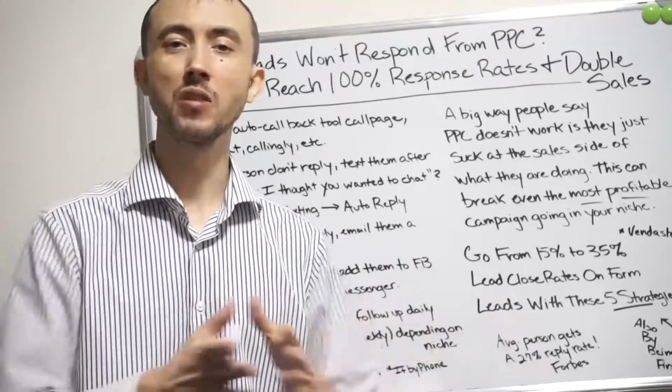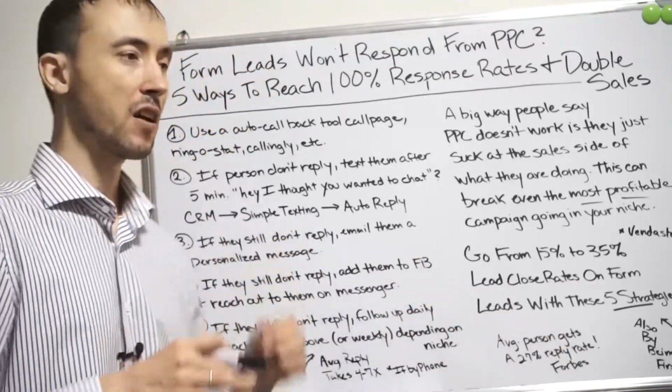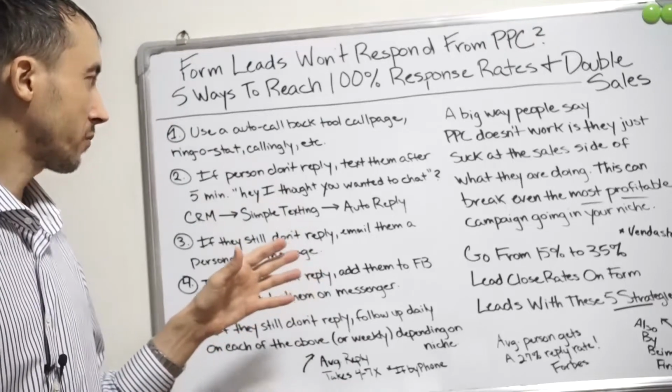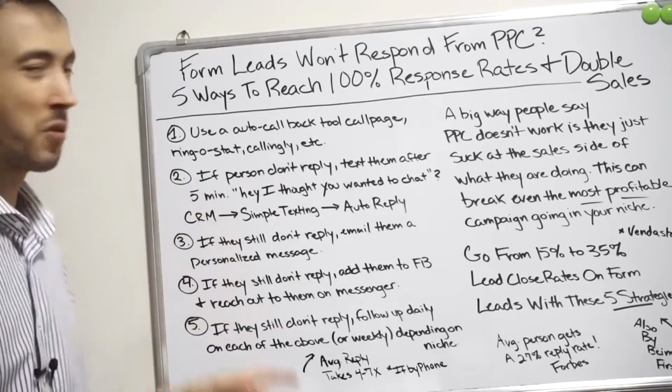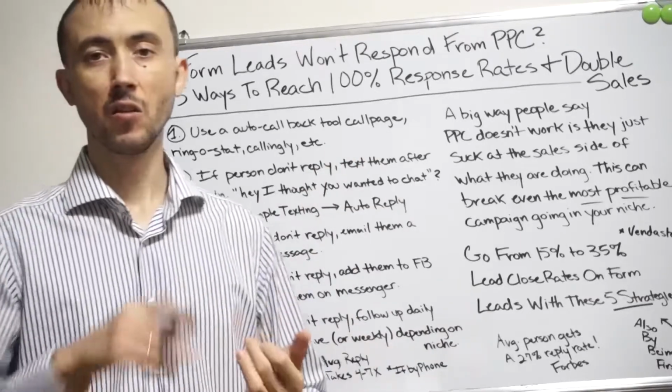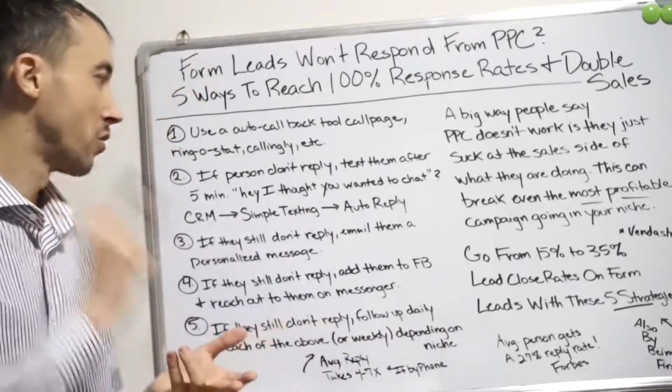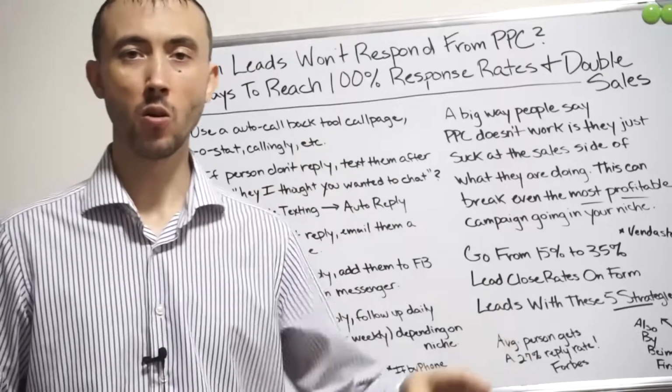If that window of time is less than 30 days, I recommend doing 2 through 4 daily: texting, Facebook message, email daily until you get a hold of them.